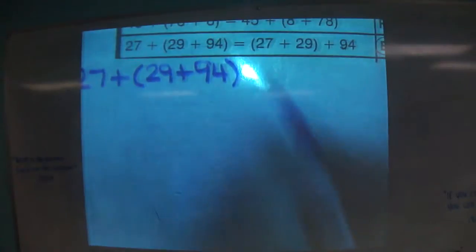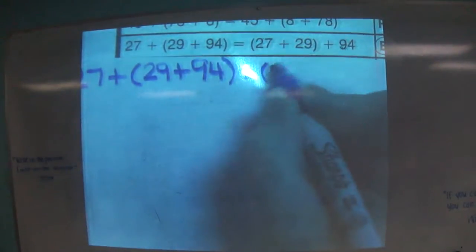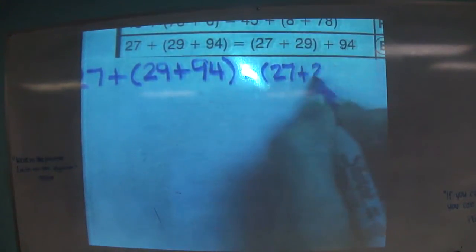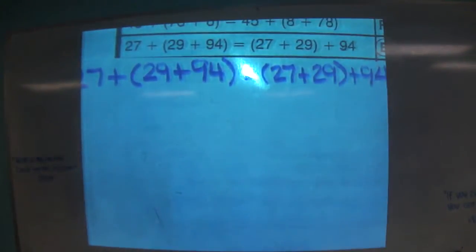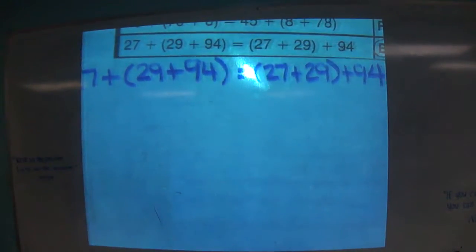And is that equal to 27 plus 29 plus 94 with the parentheses moved? What's the difference? The difference is they switched the numbers. 27 used to be outside, and now in the second problem it is inside the first two parentheses. So we moved the parentheses around.